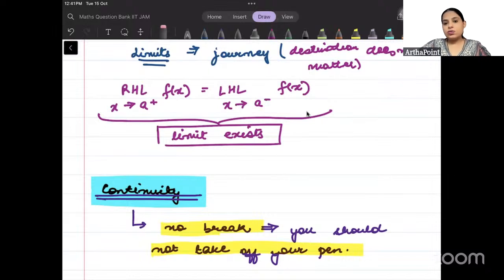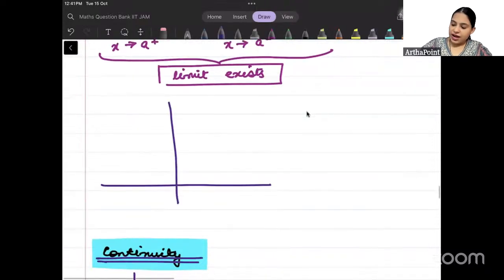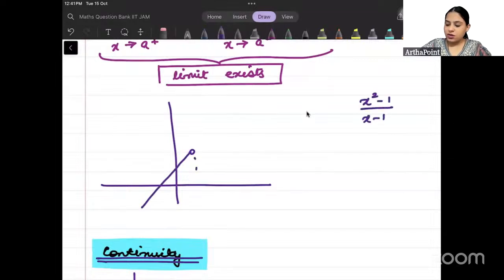Whenever you need to understand this concept, you can go back to the example that we did, where I had drawn something like this. My function was x square minus 1 upon x minus 1. We said that the function does not exist at x equal to 1, right?